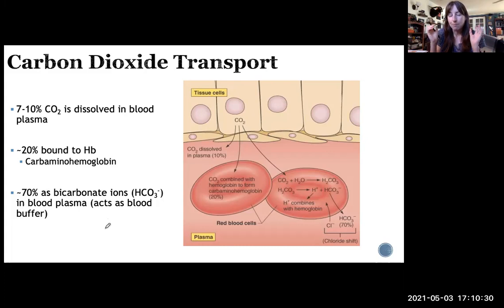And a buffer has bicarbonate ions that will basically sequester those hydrogen ions and bring the pH up. Acid has a low pH, right? Basic has a high pH. So you want to bring the pH up to avoid acidosis, which is acidification of the blood, right?